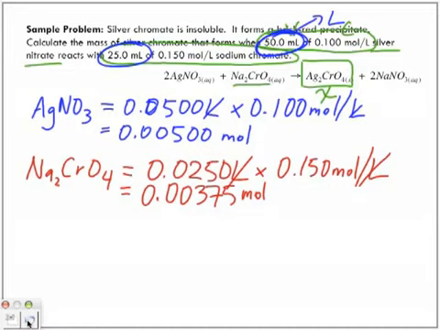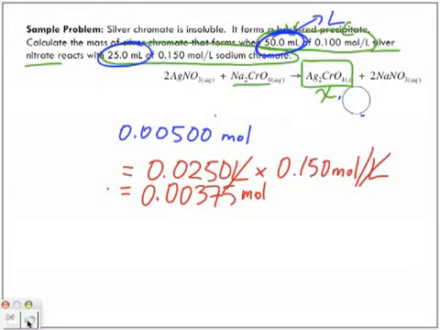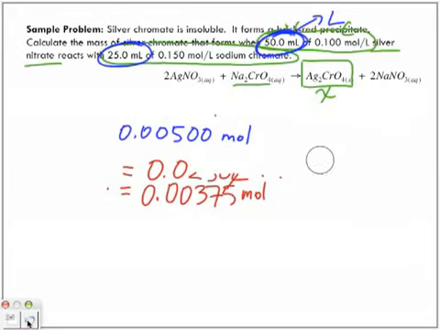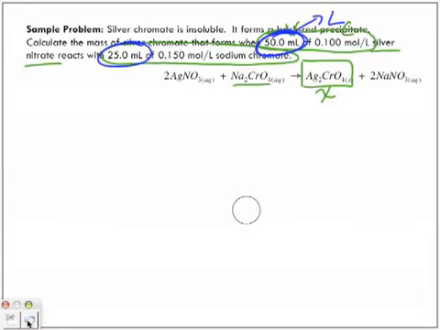So what we want to do is figure out which one of these is the limiting reactant, or the limiting reagent. I'm going to erase some of this information and put this work aside, and we're going to label it on the actual equation itself, so we can see what these parts are equal to.